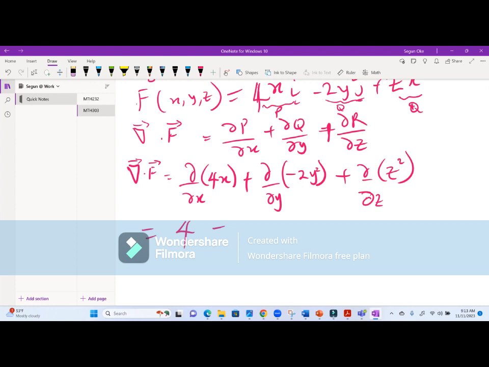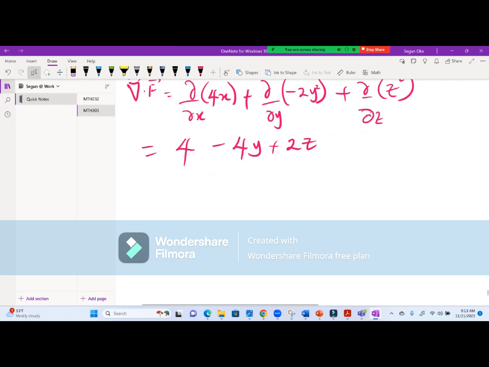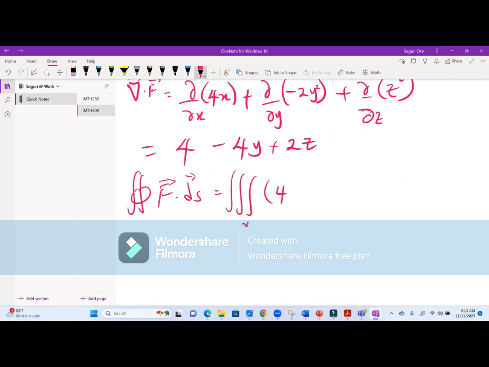For y plus 2z. So this is what we have. So we can substitute this into our triple integral. Remember? The triple integral will be the integral of this, 4 minus 4y plus 2z, then the dx, the dy, the dz.